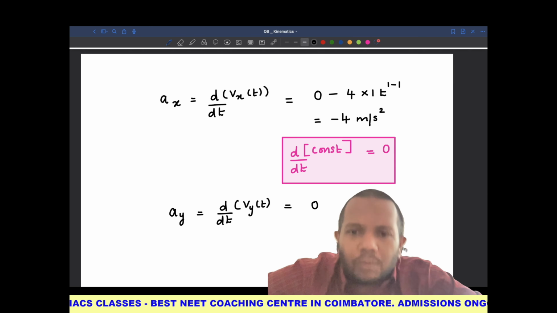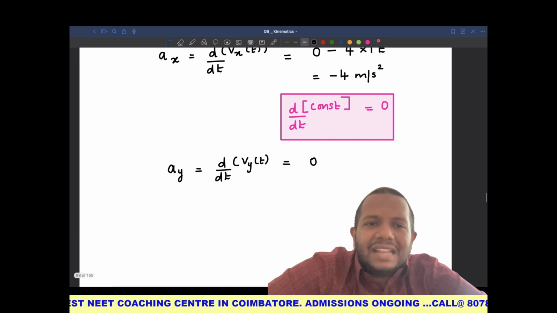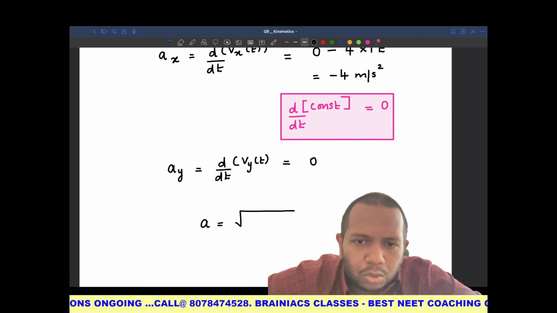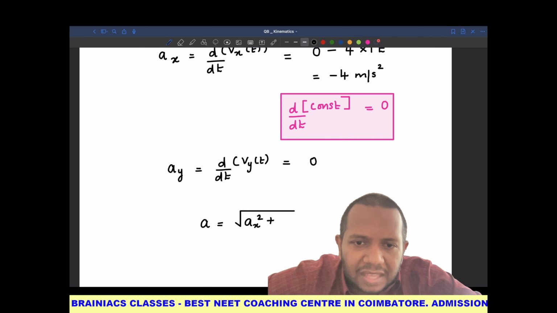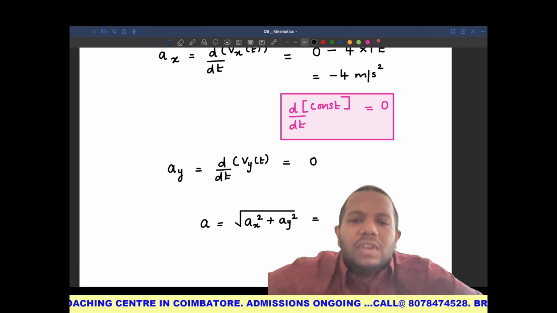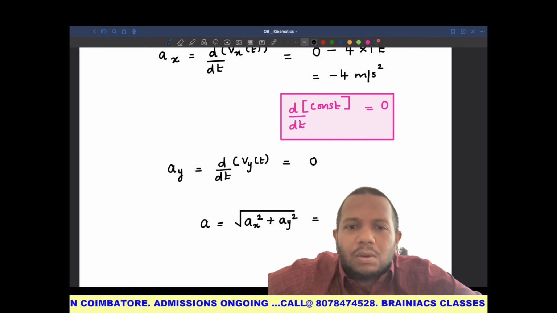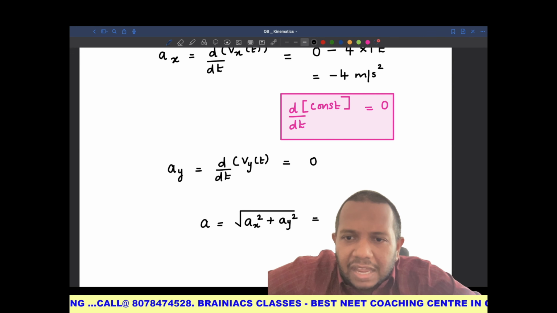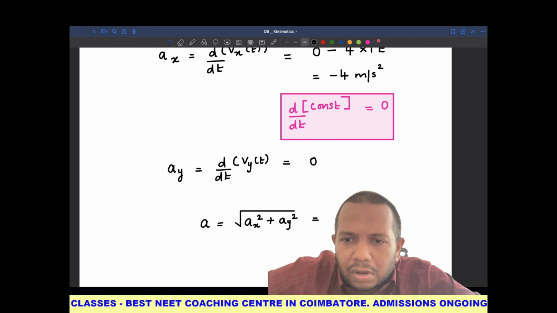Now what is the resultant acceleration? So the resultant acceleration a, we know, is nothing but square root of ax square plus ay square. Okay, and we know that ay is already 0 and ax is minus 4. So we can put it like minus 4 into minus 4.